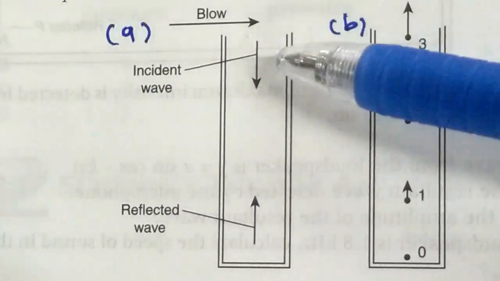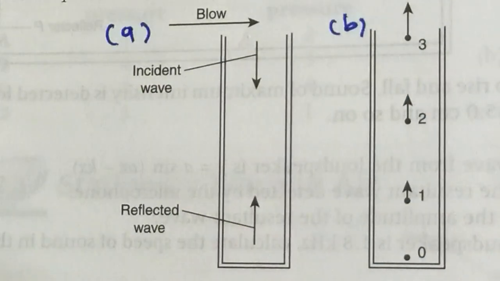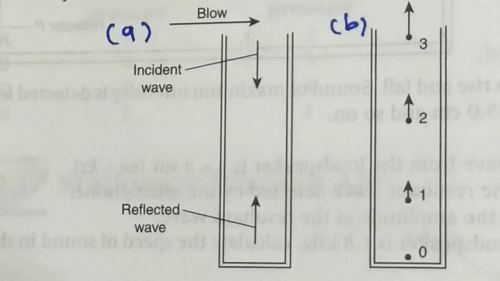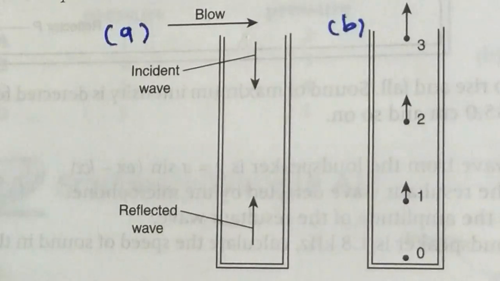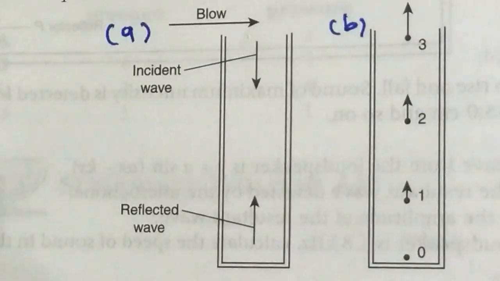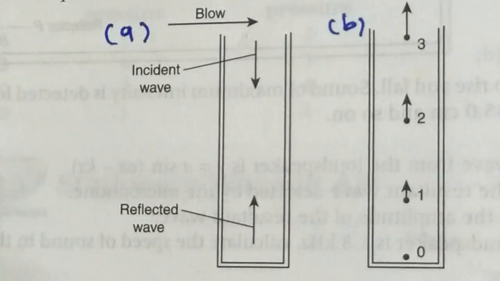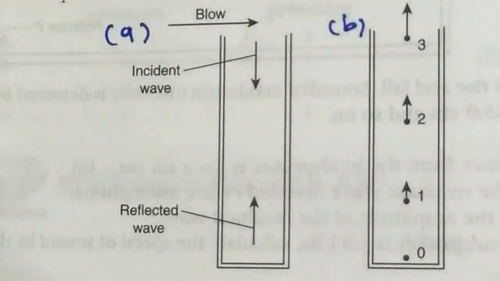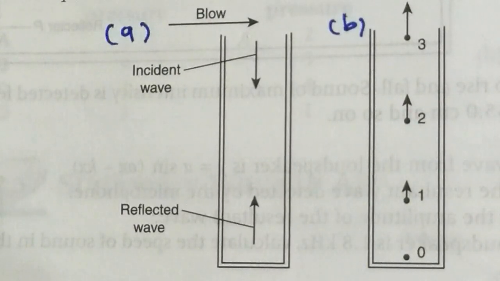Superposition of the incident wave and reflected wave produces a stationary longitudinal wave in the closed pipe. Figure B shows the instantaneous displacement of air molecules along the axis of the pipe in the fundamental mode of vibration.